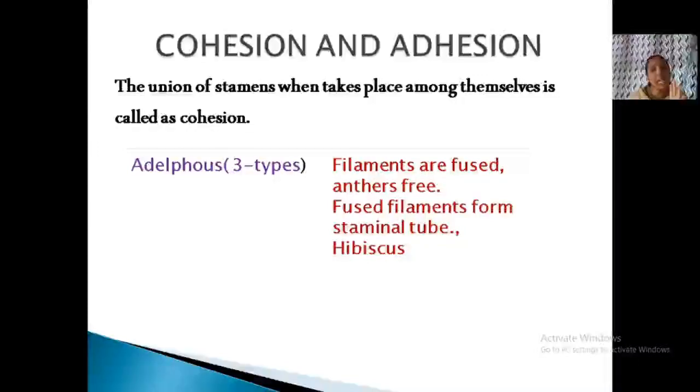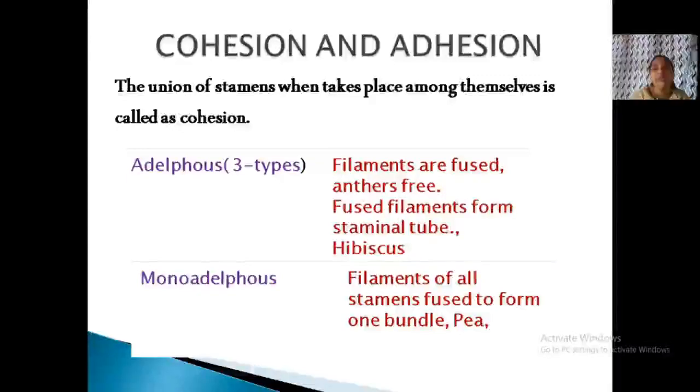It is of three types, that is fusion of stamens. First one is when filaments are fused. You know the basic structure of the stamens having the anther and filament, clear? So filaments are fused and anthers are free. That fused filaments form a tube known as staminal tube, clear?